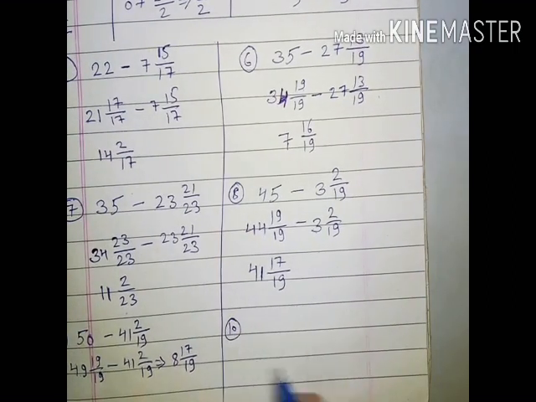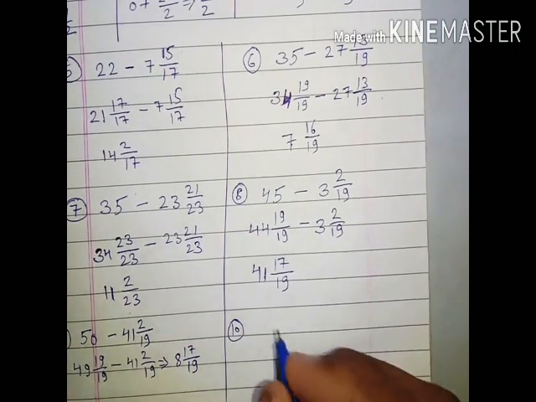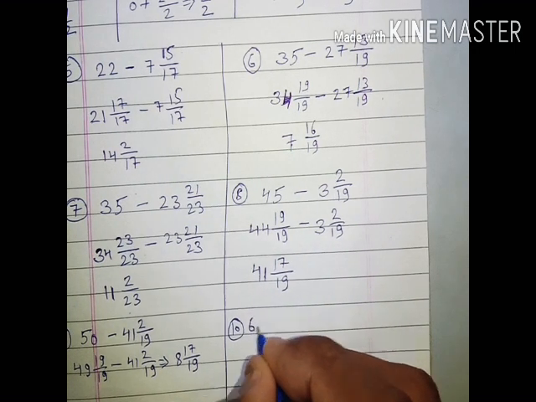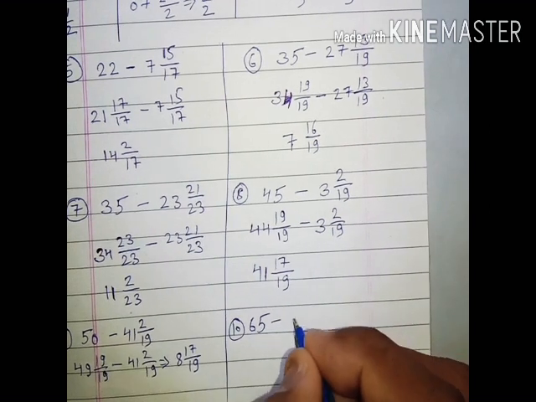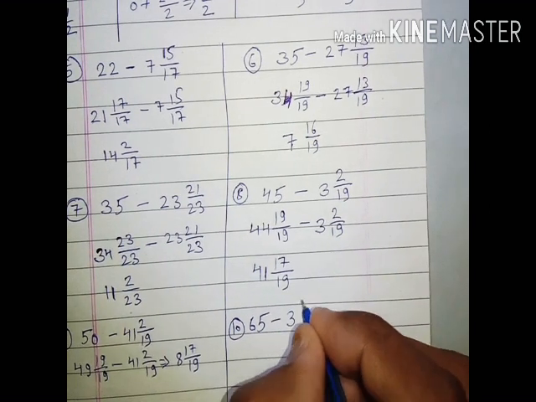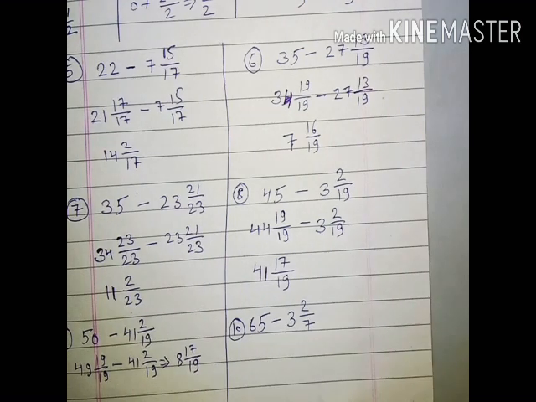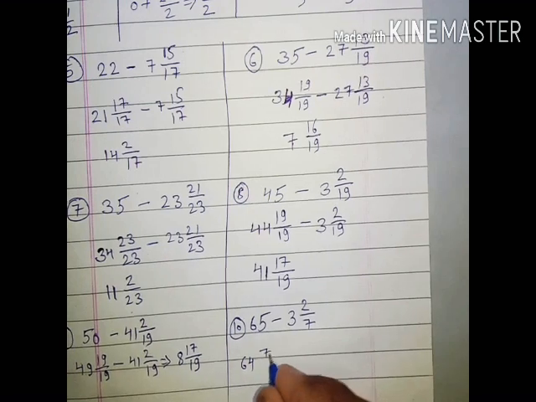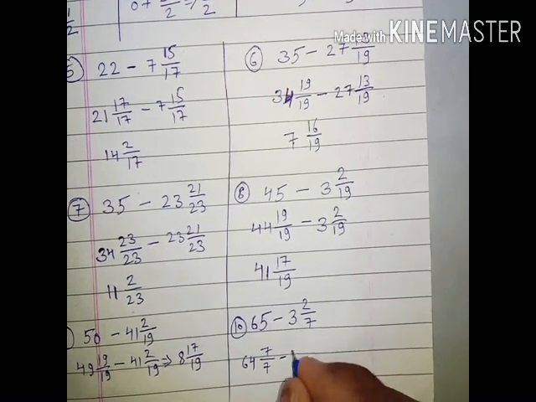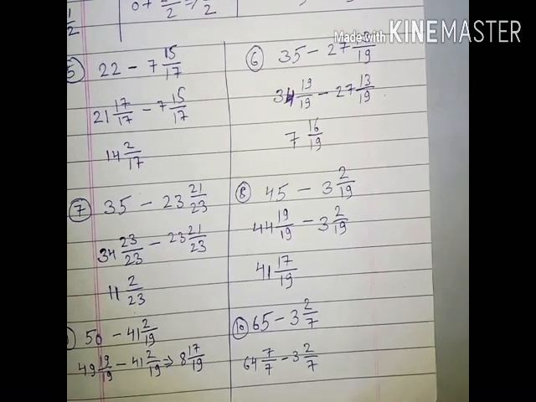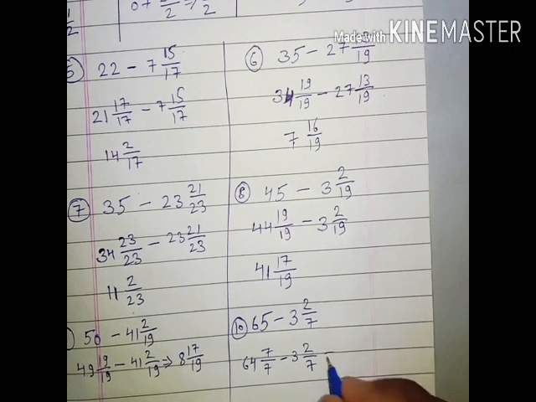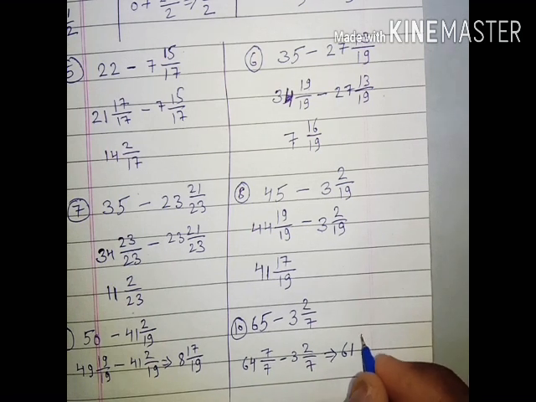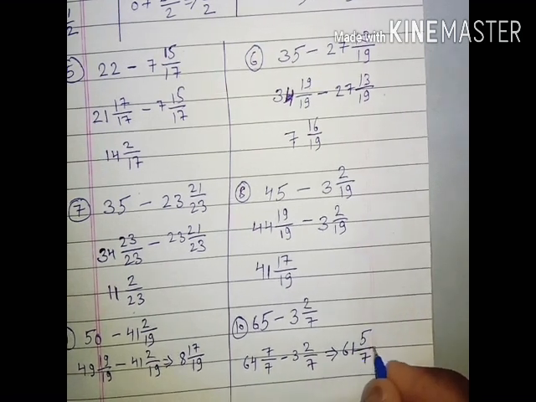One more question. 65 minus 3 2 upon 7. How can we do it? We can write 64 7 upon 7 minus 3 2 by 7. 64 minus 3, the answer will be 61. 7 minus 2 will become 5 by 7.